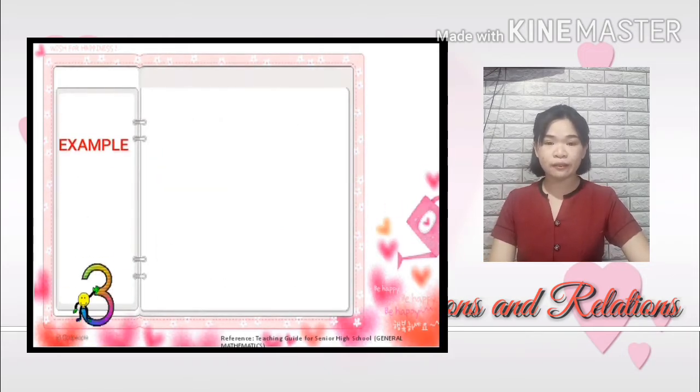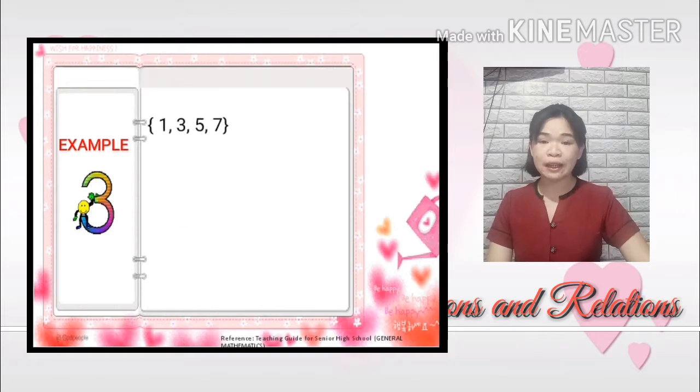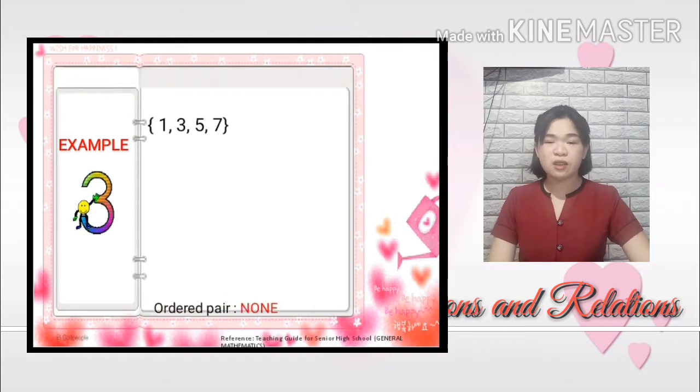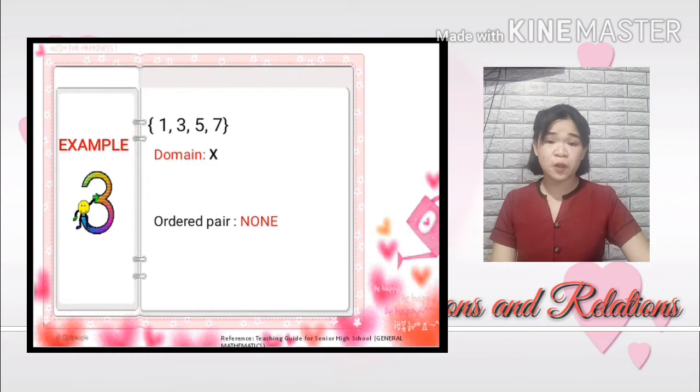Okay, example 3. How about this one? A set of 1, 3, 5, 7. Do we consider this also a relation? Let's see. Since it does not have an ordered pair, it does not also have a domain, and this does not also have range.